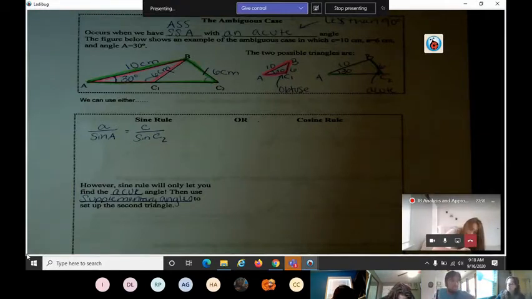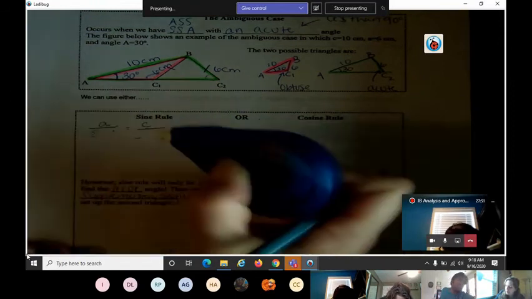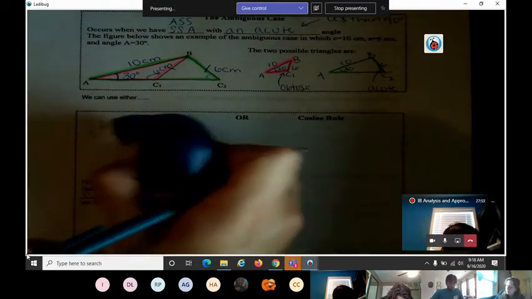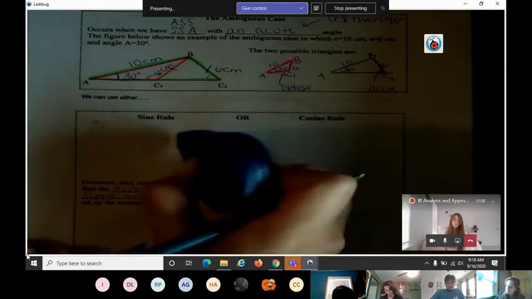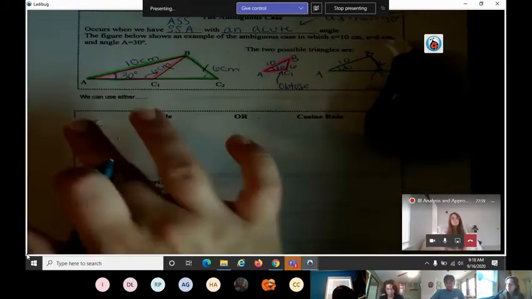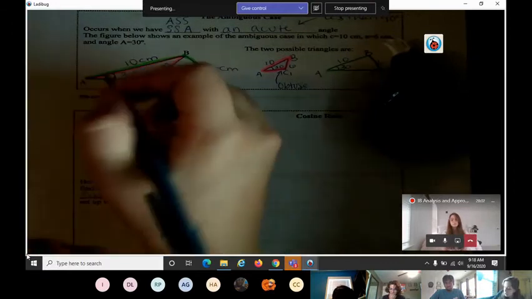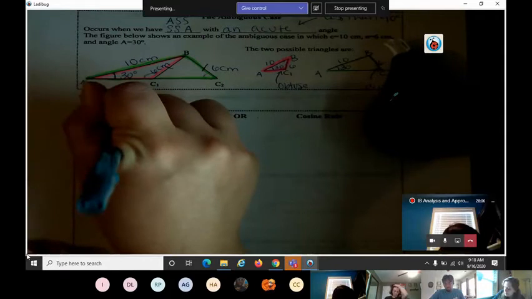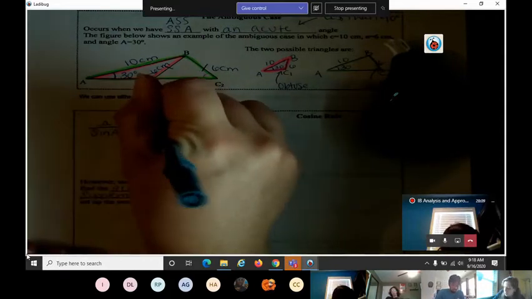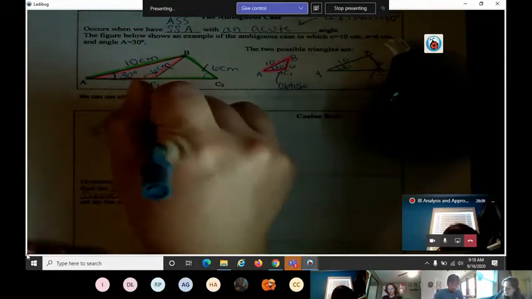I'm going to make this smaller. I have a feeling I'm going to run out of room if I don't. We had little a over sine A equals c over sine, specifically C2.